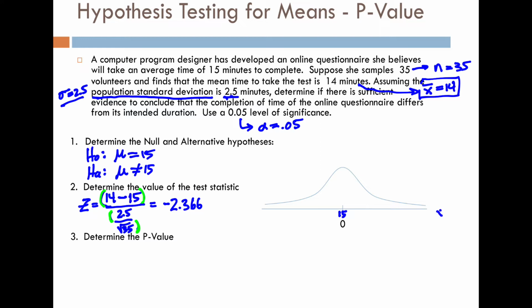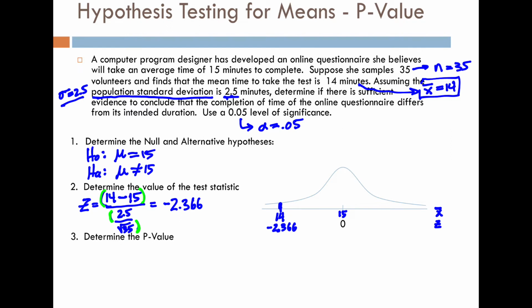So when we're looking at the values, 15 is the assumed value, and then we're going to compare it to the z's underneath it. So we got 14 as a result, right? We know that's on the left. I don't really know how far it is until I've calculated z, but here's what I ended up getting. So it's a little more than 2 standard deviations to the left.